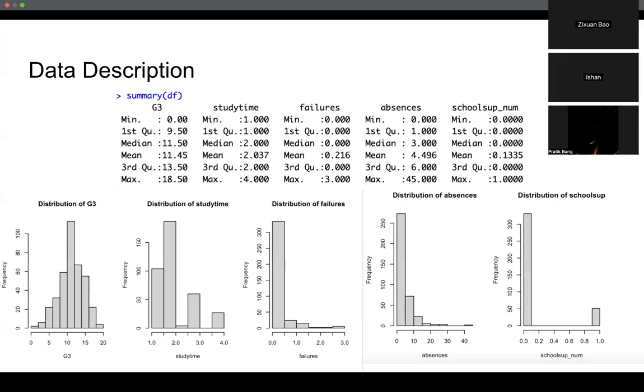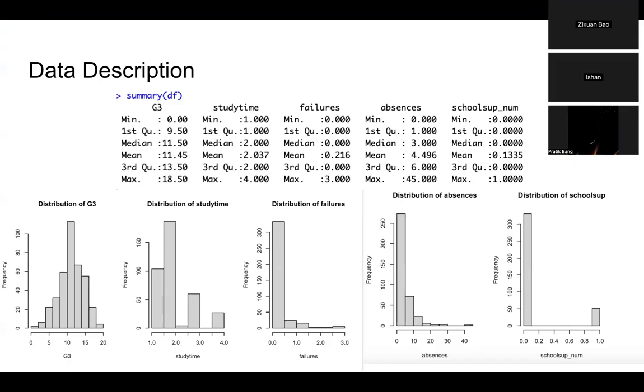So moving on to the data description, here we are looking at the basic summary of our data set and how each variable is distributed. The final grade G3 ranges from 0 to 20 in the first graph, with most students scoring between about 10 to 14. The second graph, study time, is mostly concentrated at the lower values, meaning most students only report studying 1 or 2 hours per week.